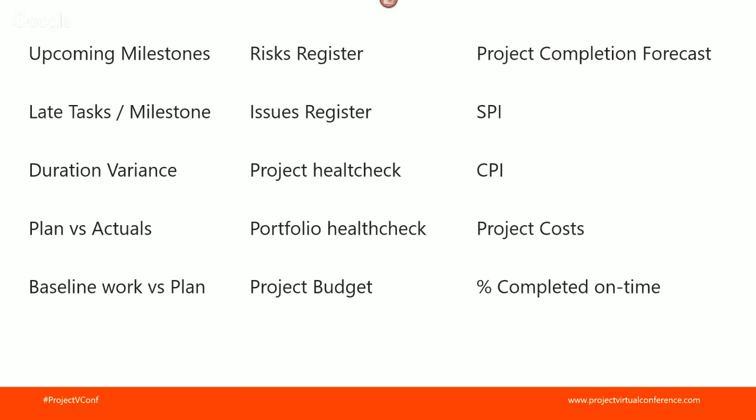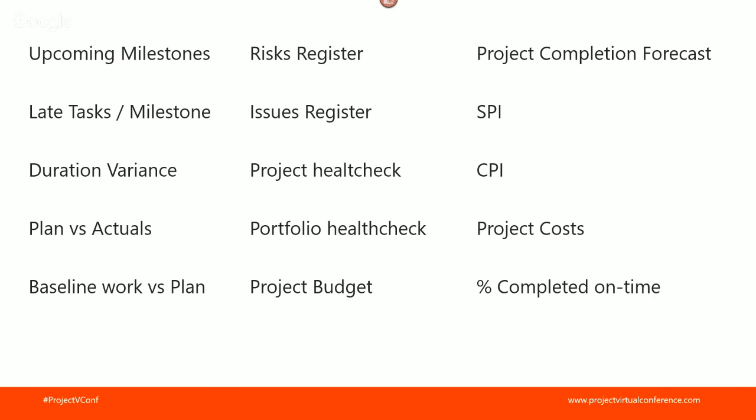And what is really common about all the dashboards that we found is that we are talking about the milestones, the tasks, the variances, planned effort, actual or planned cost, and the versus actual. We're talking about comparing our baseline with the latest known estimates of planned work.